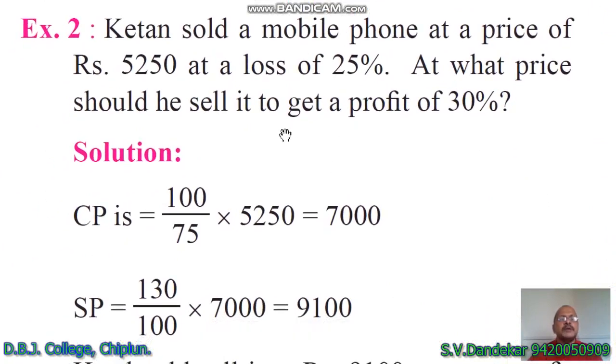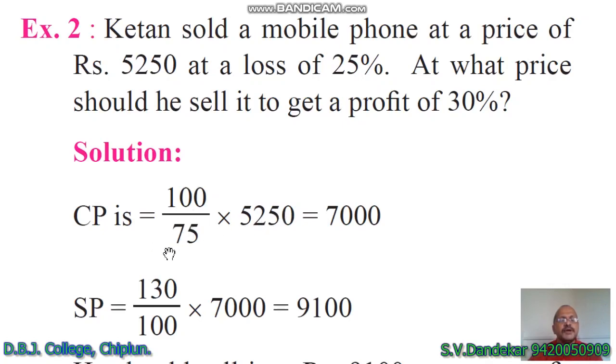Next problem. Ketan sold a mobile phone at a price of rupees 5250 at a loss of 25%. At what price should he sell it to get a profit of 30%? Now CP: he sold it at a loss of 25%. So the cost price can be found out, 100 upon 75 multiplied by 5250.